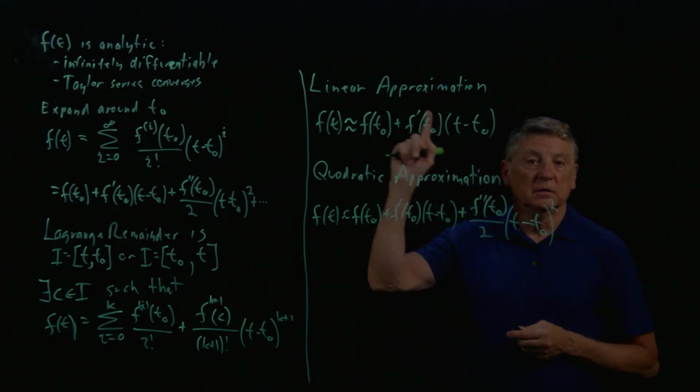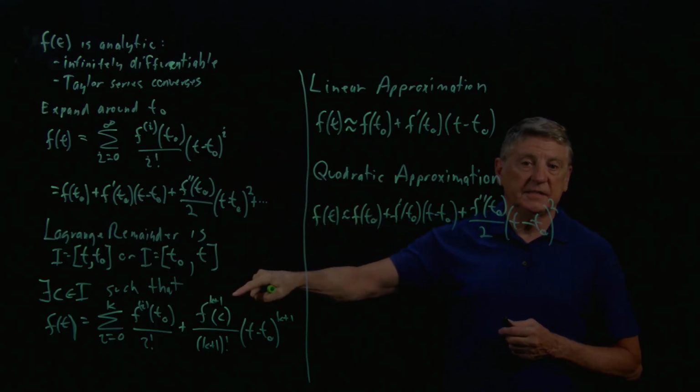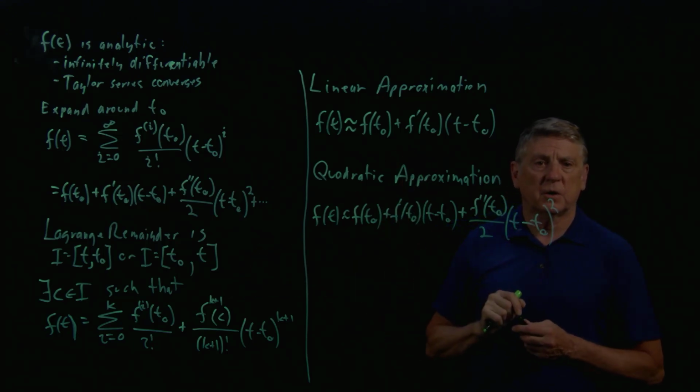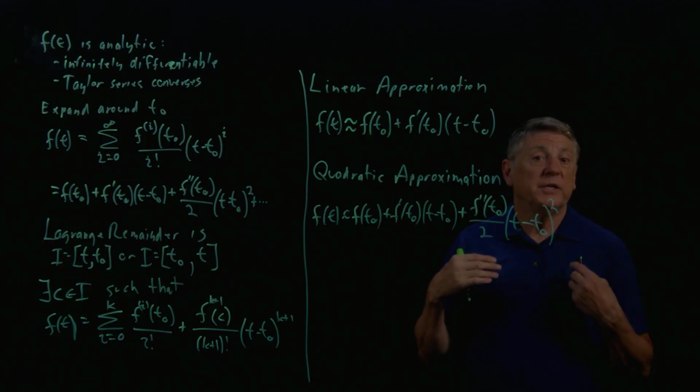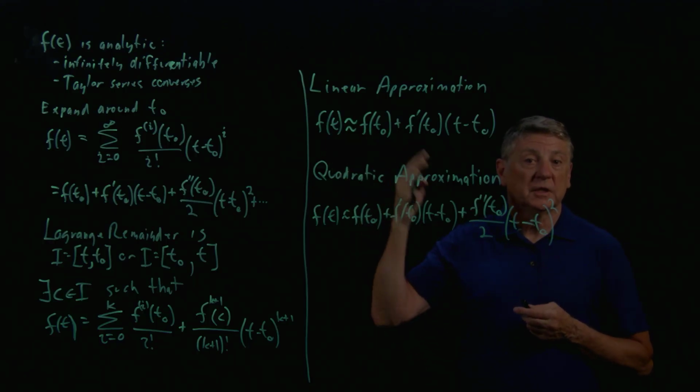This is a truncated Taylor series with an explicit remainder. And in linear and quadratic approximations, we just drop the remainder term and approximate the function using a simpler function.